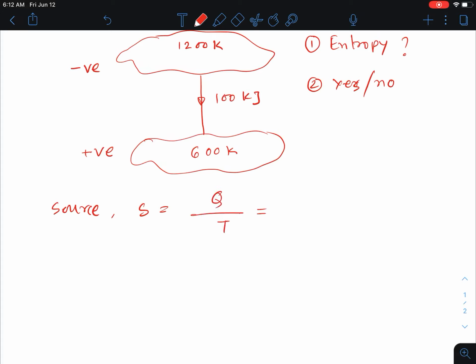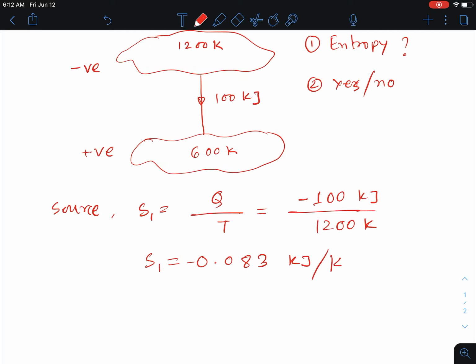However, this Q is negative here. So the heat is 100 kilojoule and the temperature is 1200 Kelvin. So the entropy S1 at state 1 will be negative 0.083 kilojoule per Kelvin.